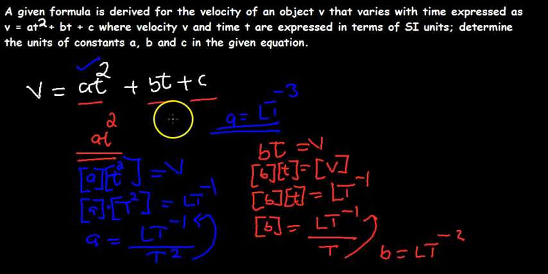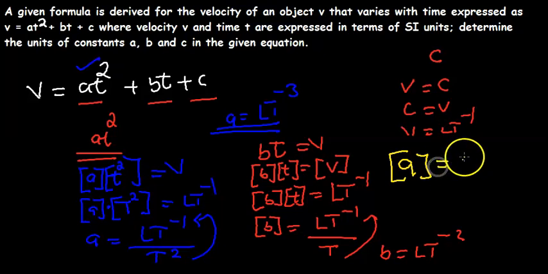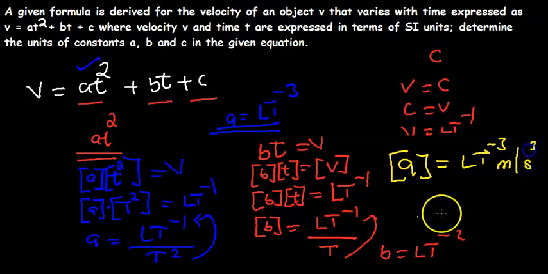The last but not the least is the third term, which is C. C must be equal to V, and remember V is LT minus 1. So in this case, we can finally conclude. For A, the answer is LT minus 3, and the unit is meter per second cubed.